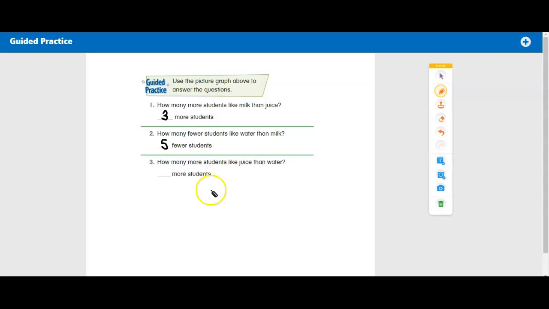And make sure you're paying attention to your graph on the top of page 262. The last question is how many more students like juice than water? We know that one student chose water as their favorite lunch drink, and 3 students chose juice. So how many more students said that they liked juice more than water?